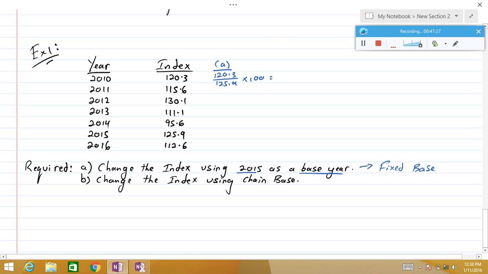So that will be the new index. Then you continue, and so on. Do you get it, guys? So everything you divide with what? 2015 index.